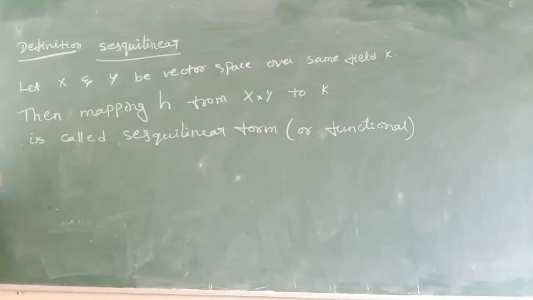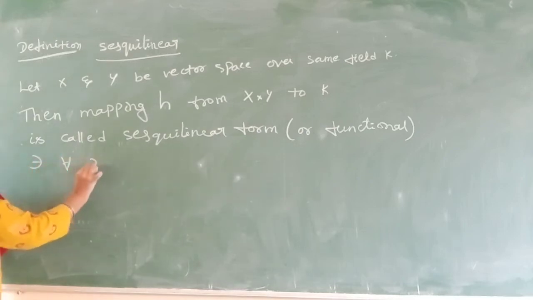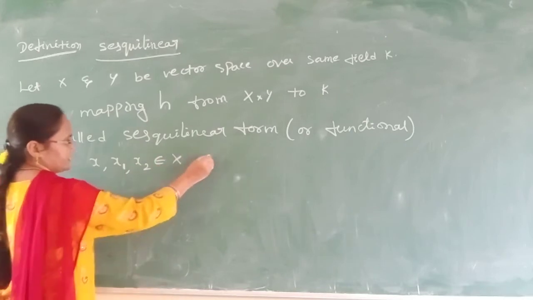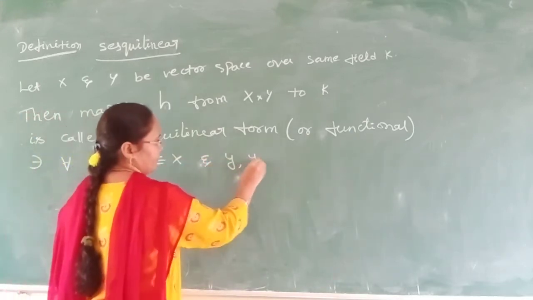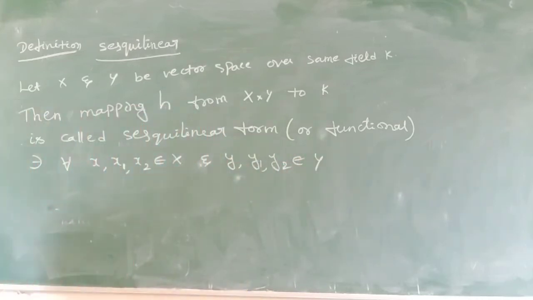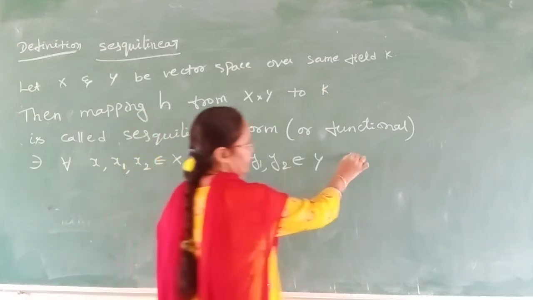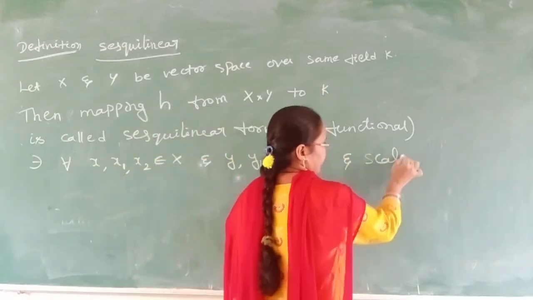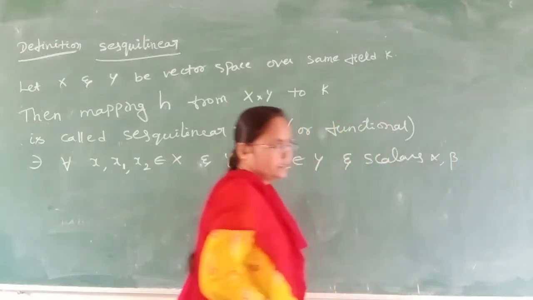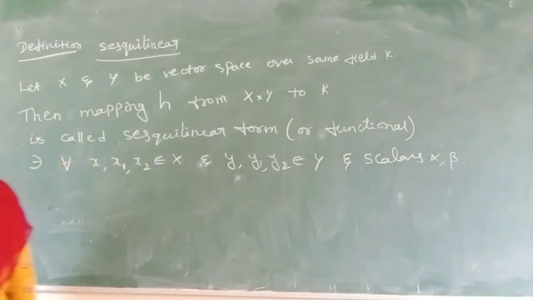Such that for all x, x1, x2 belongs to capital X and y, y1, y2 belongs to capital Y, and the scalars alpha, beta, it satisfies the following properties. Then the mapping H is called sesquilinear.